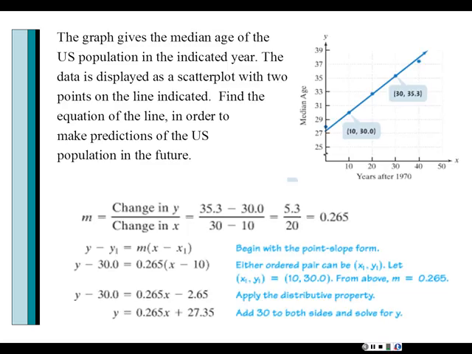So for an example, this is 1980, 1990, 2000, 2010, something like that. Now, the data is displayed as a scatter plot, because this kind of plot is called a scatter plot because they have some scattered points, with 2 points on the line indicated. Find the equation of the line in order to make a prediction of the US population in the future.